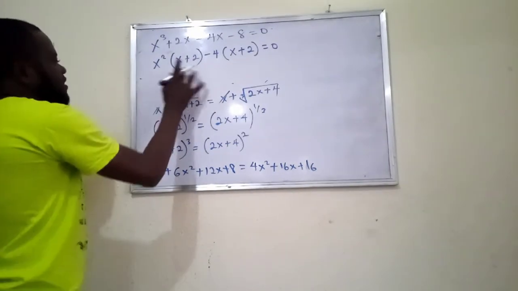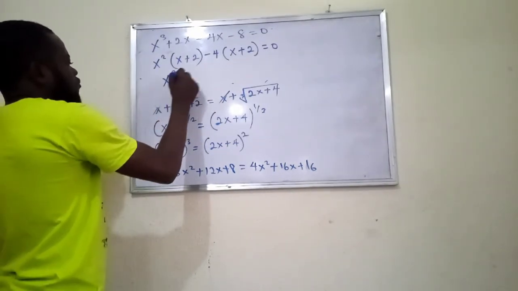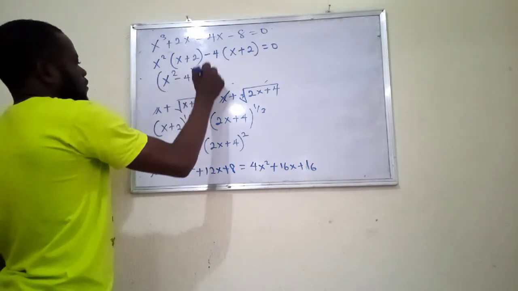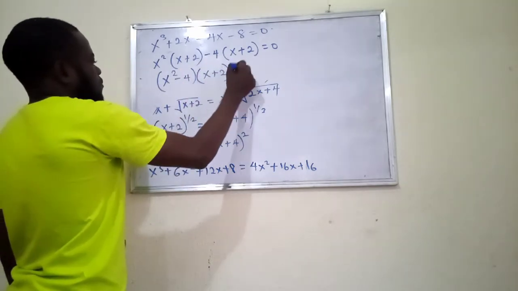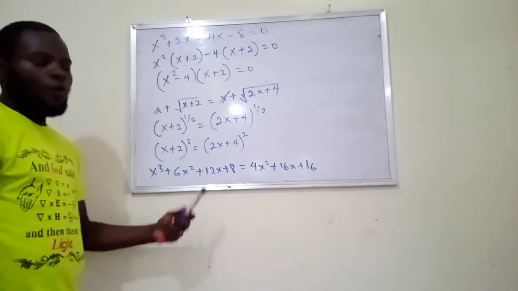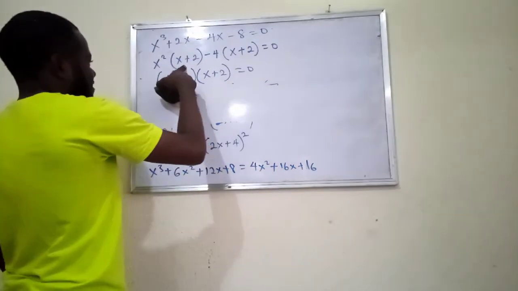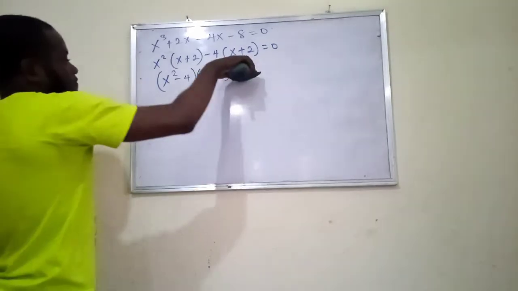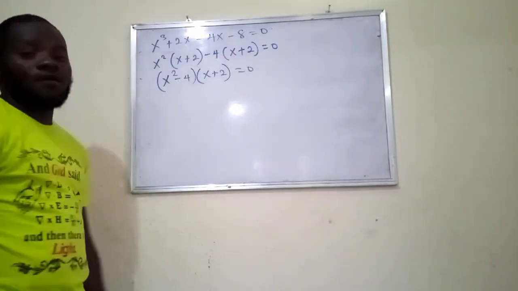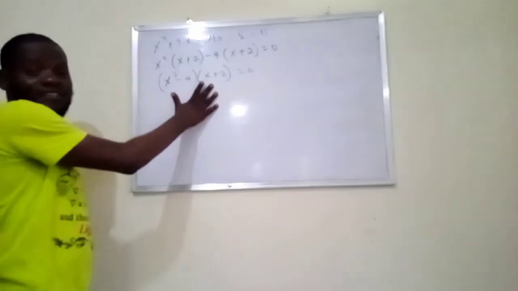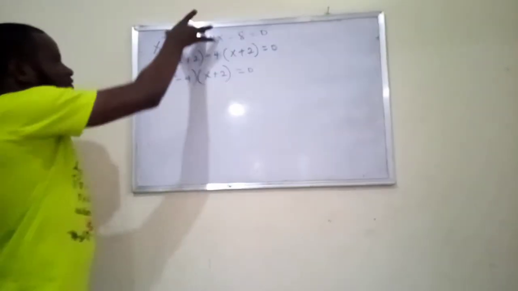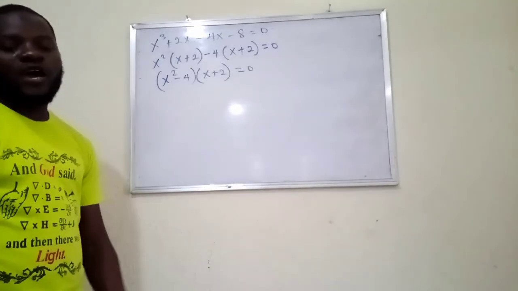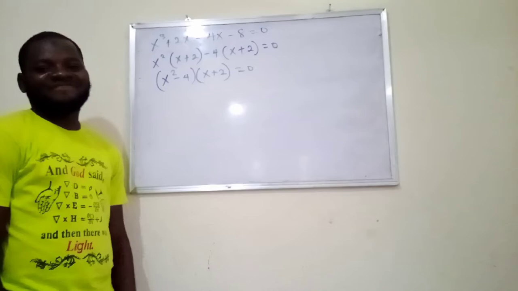Okay, I have x squared minus 4 multiplied by x plus 2 equals 0. So you know what I did? Since what is here is what is here, I pick one of the brackets' value and I also pick what is outside the brackets. So if I expand these two brackets, I will end up having this back. So I'm still on track and you are still on track as well.